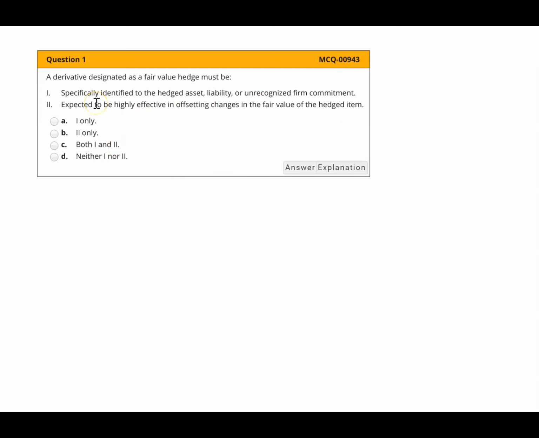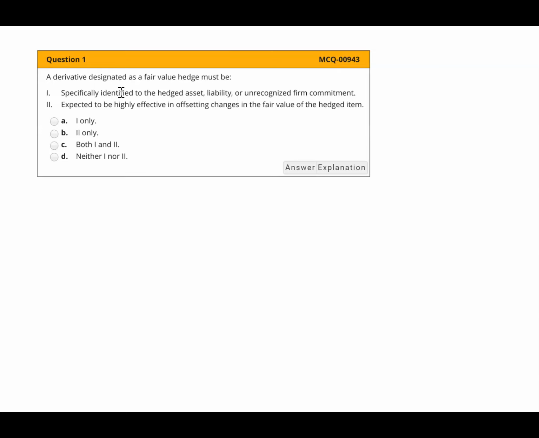So why do you do a fair value hedge? Because you expect that it's highly effective in offsetting changes in the fair value of the hedged item. And of course, it's specifically identified to the hedged assets and liabilities.